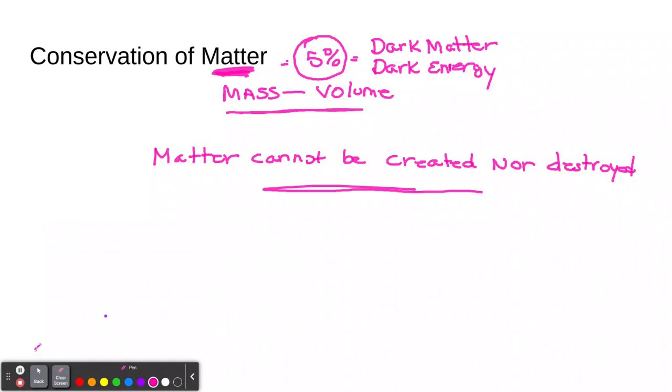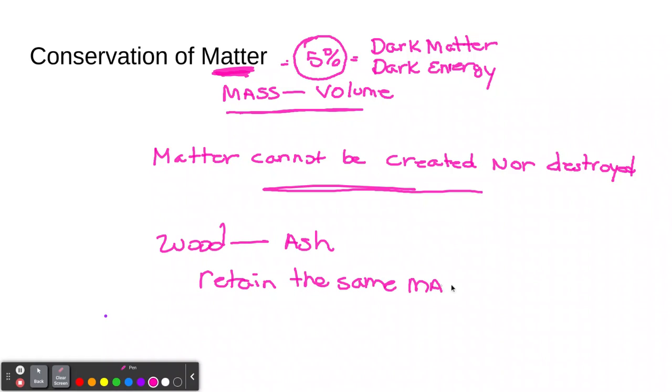So when we looked at the wood, if we took the wood and it became ash, it will retain the same mass. Energy was transferred from the wood to the ash, so the matter was not destroyed. But again, this concept here, I'll talk about in the next video a little more.